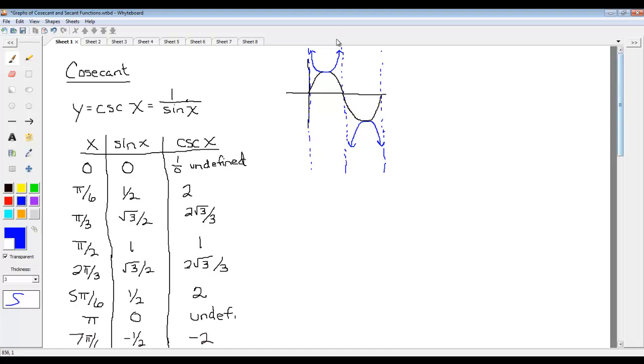The vertical asymptotes are limits, if you will. The curve gets closer and closer to them, but never actually touches them. And this keeps going. This repeats. Cosecant has a period of 2 pi. The asymptotes occur at integral multiples of pi.